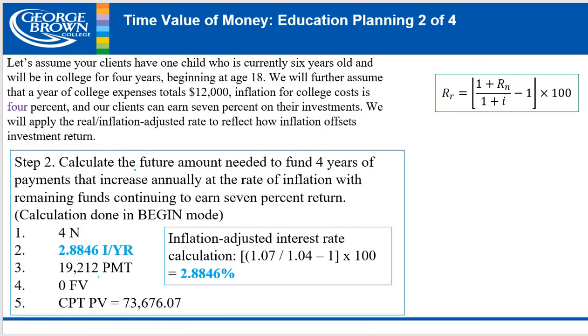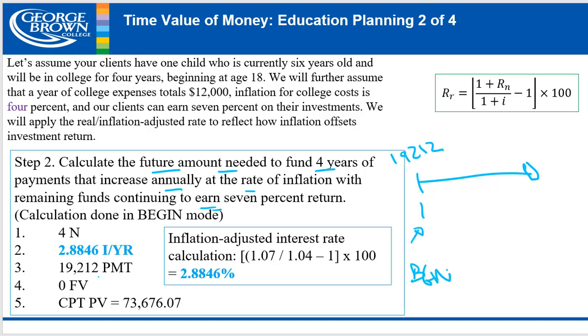Okay, so here we are, step number 2. We're going to calculate the future amount needed to fund 4 years of payments. Those payments are going to increase annually at the rate of education inflation, which was 4%, and the remaining funds continue to earn the 7% return. So if we drew that in a timeline as we did, we said that payments are going to begin here, $19,212 for the first year of education paid at the beginning of the year.